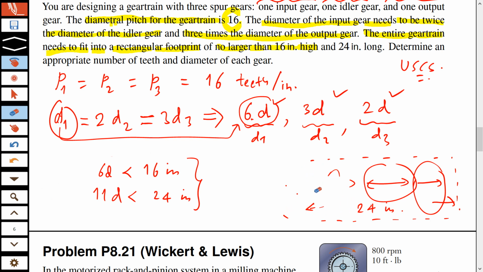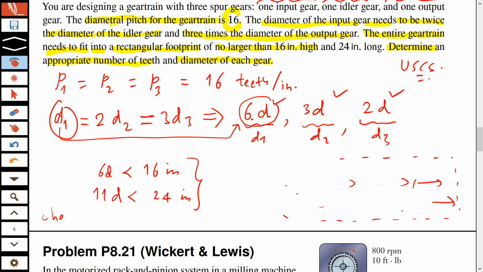Now it should be easy. Now choose some value of D, because the question is to determine an appropriate number of teeth and diameter of each gear, okay? So first we need to choose the diameter.